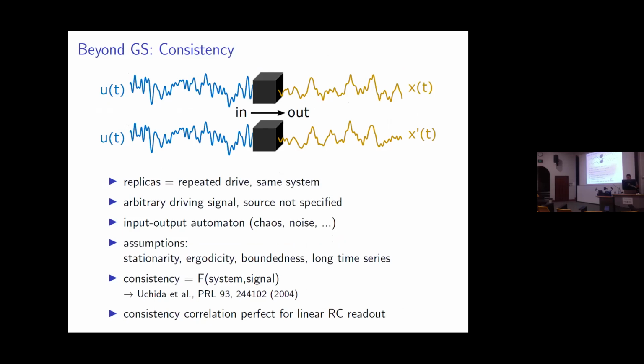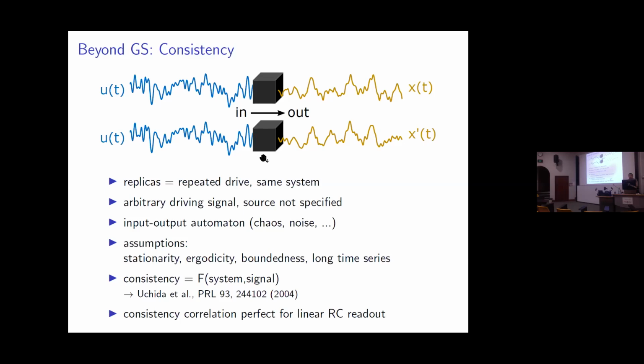The concept of consistency is a little bit more than that. It's not just about measuring the degree of functional dependence between two dynamical systems, but moving closer towards reservoir computing, we're allowing an arbitrary system. That's why I pointed here to a black box. So an arbitrary system, including physical systems, and also arbitrary drives.